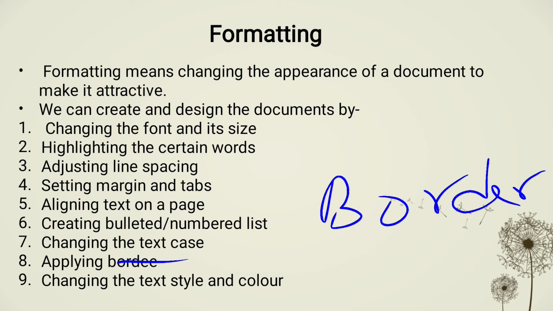When you apply very good borders, making an impression on your document, it will make your document very attractive when you are applying nice borders from your library. Next is changing the text style and color. You can also change the text style and color of your text. That is how you can easily make it attractive.